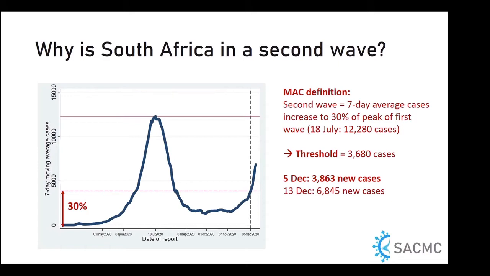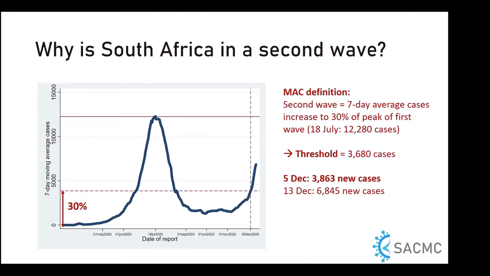The criterion that the minister used was defined by the Ministerial Advisory Committee on COVID in the beginning of November. The definition was that a second wave is when the 7-day average number of cases increases to 30% of the peak of the first wave. Now, the peak of the first wave was around the 18th of July, at which stage we had 12,280 cases.